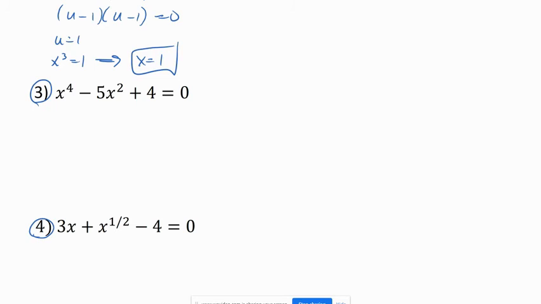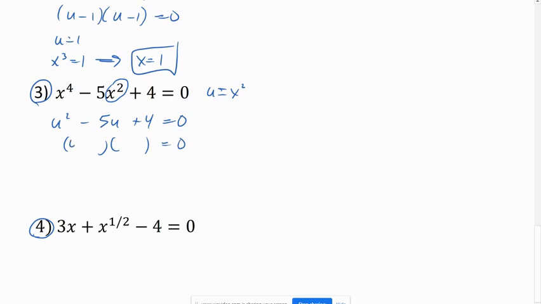Number 3 is in quadratic form because x squared squared gives you x to the fourth. So this is what we want to choose as u equals x squared. So then we get u squared minus 5u plus 4 equals 0.